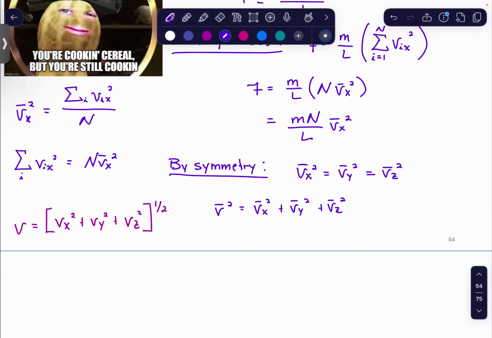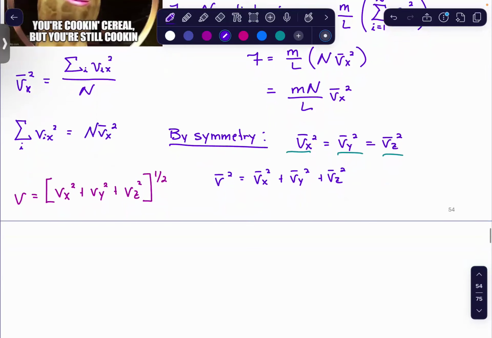I just squared both sides and got rid of the square root. And then remember we said that Vx squared, Vy squared, and Vz squared equal each other by symmetry. That means that now you're going to have Vx squared plus Vx squared plus Vx squared, or 3 Vx squared.